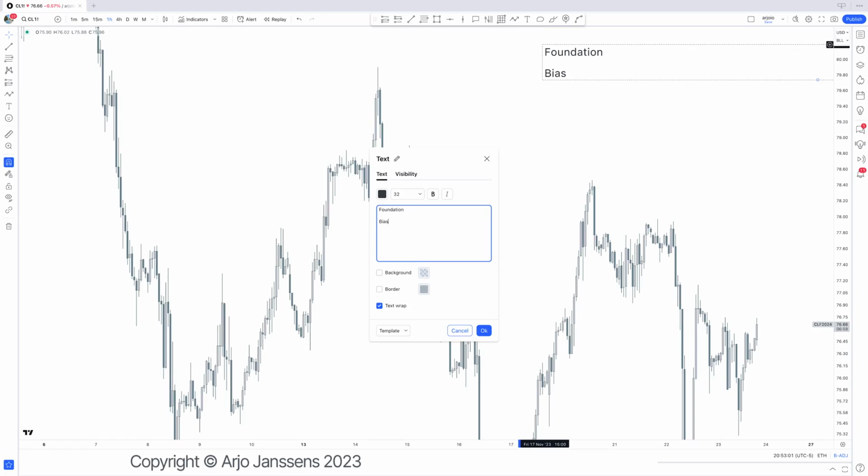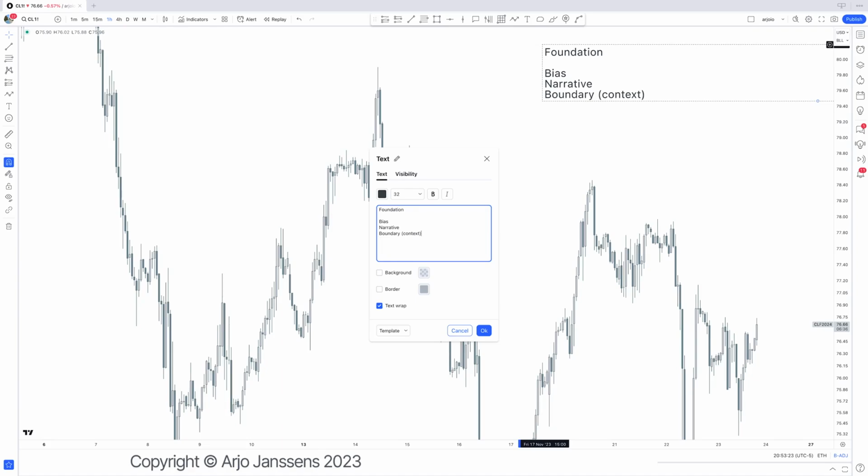So let me write that down. Bias. That's the first foundational level of trading. Then the second level is narrative. Then the third level is boundary. That boundary is in brackets context right there. Why is that context? Again, that will make a lot more sense in a later video.